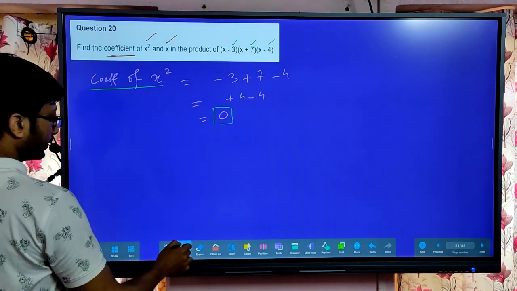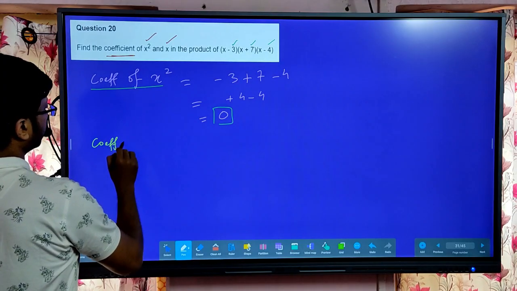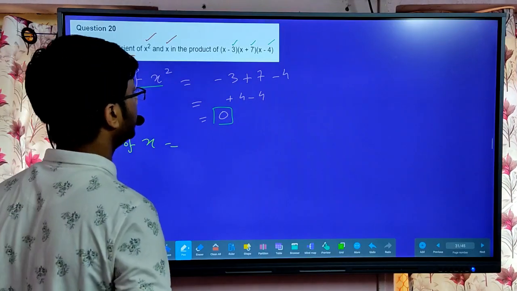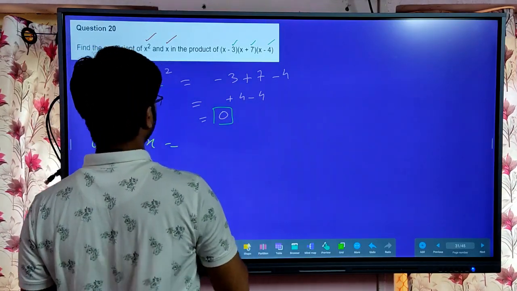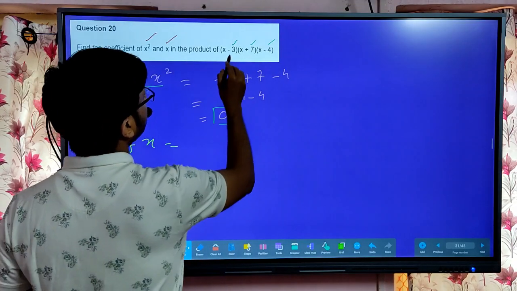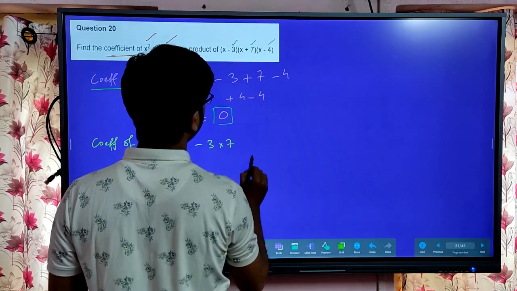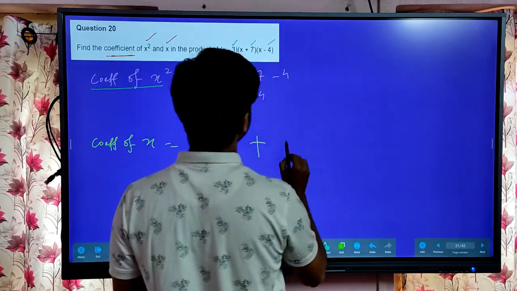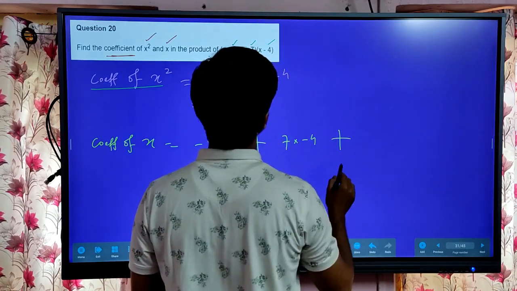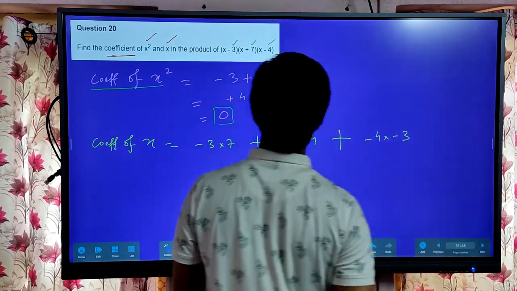Now the coefficient of x. Now coefficient of x will be the combination one, ab, bc, ca. So that will be ab, mane 3 into minus 7, mane minus 3 into 7, ab plus bc 7 into minus 4 plus ca minus 4 into minus 3.